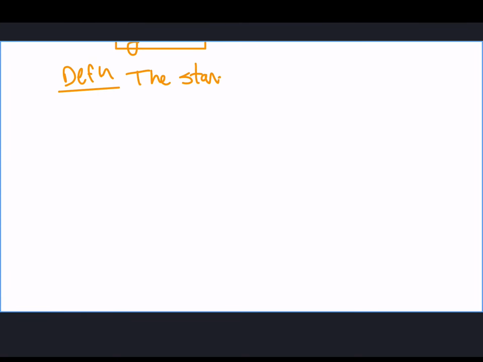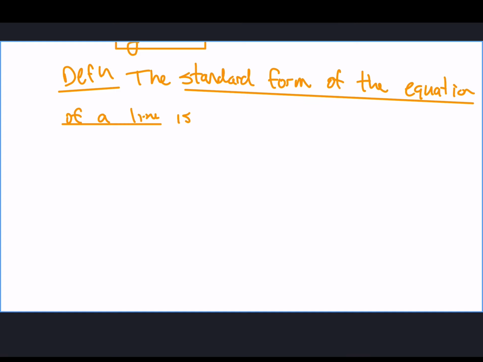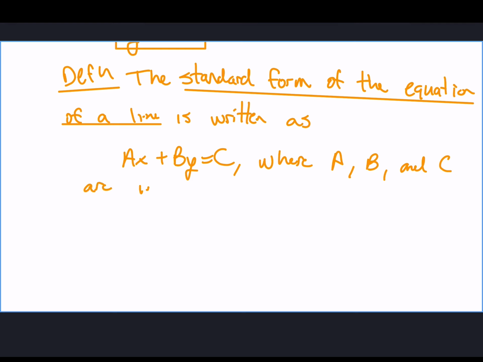The standard form of the equation of a line is written as ax plus by equals c, where a, b, and c are integers.